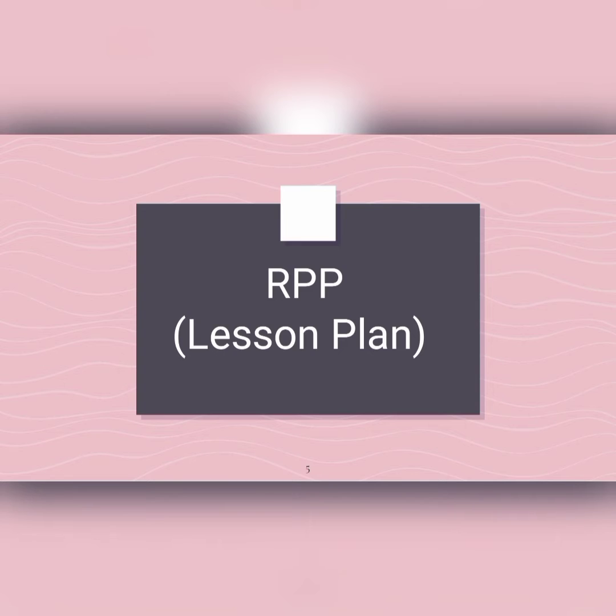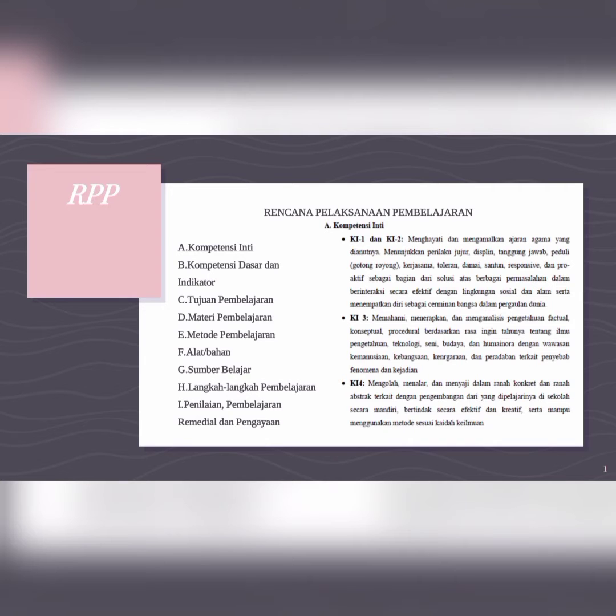RPP or lesson plan. In general, in making RPP there are several points, namely core competency or competency inti, basic competency and indicator, learning objective, learning materials, learning method, tools and materials, learning resources or sumber belajar, learning steps, assessment, remedial learning, and enrichment.